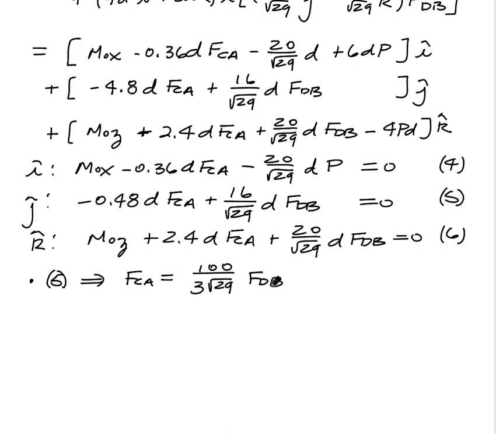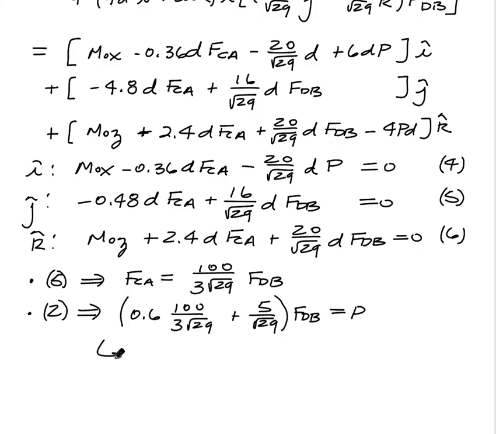So that doesn't give us the answer, but it does give us a relationship between those two, so that when I put that back into equation 2, I'm going to have a 0.6 times 100 divided by 3 square root of 29 plus 5 over square root of 29 times FDB, and that's equal to P. So from this equation I get that FDB is equal to square root of 29 divided by 25 times P. And therefore FCA, which I just used equation 5 to get, will end up being 4/3 times P.